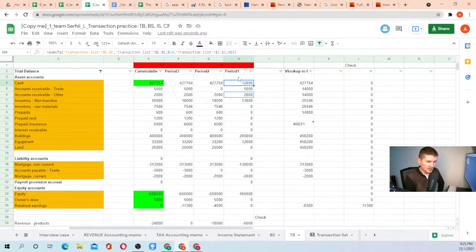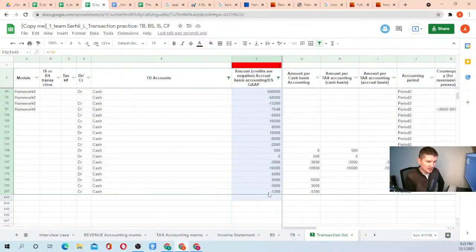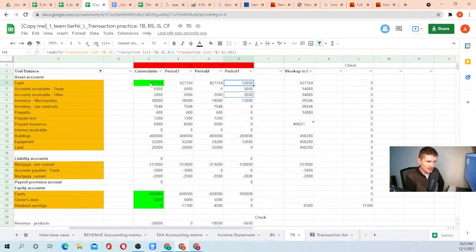If we go to the trial balance, we will see 12,000 here. If we just SUMIFS period 2, we will get 415,000. But we should have gotten 427,000, which is 415,000 plus 12,000. That's because of the nature of the balance sheet transactions. Balance sheet transactions are cumulative, and with SUMIFS you only sum transactions related to period 2.